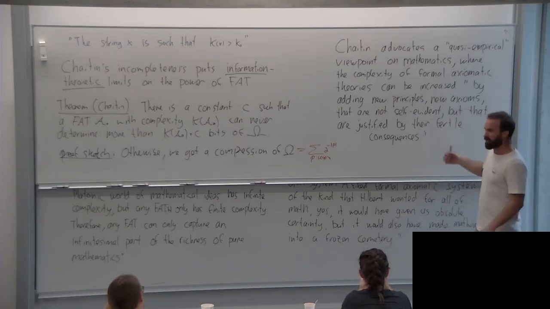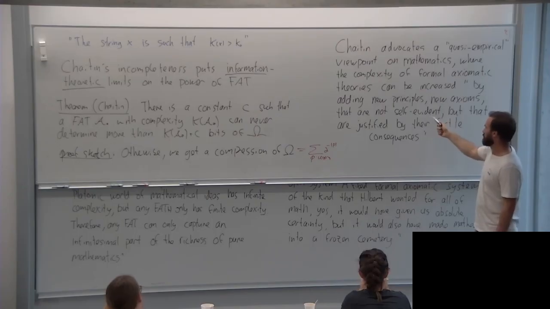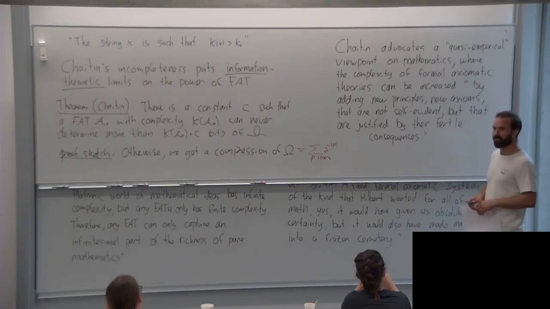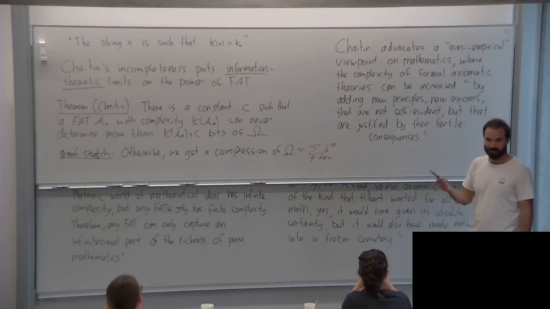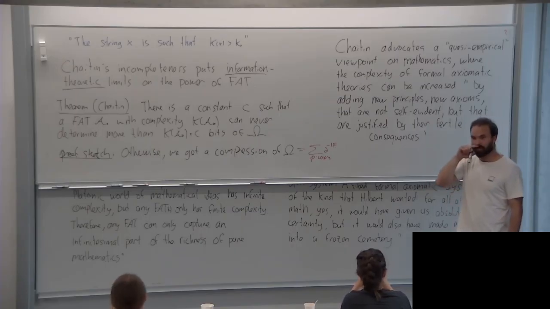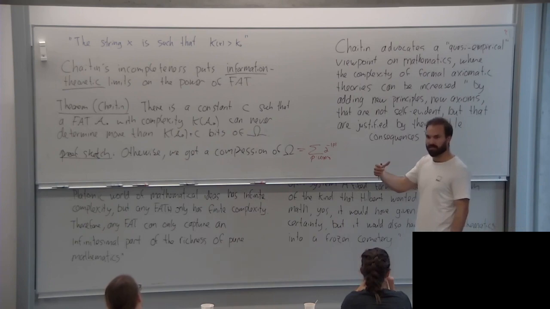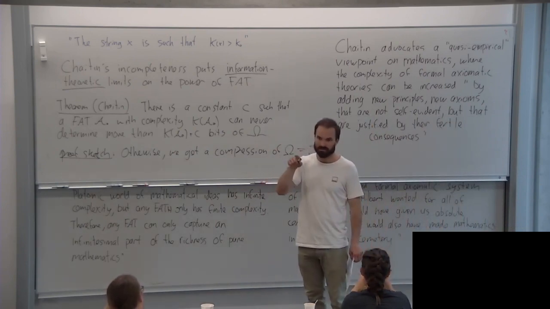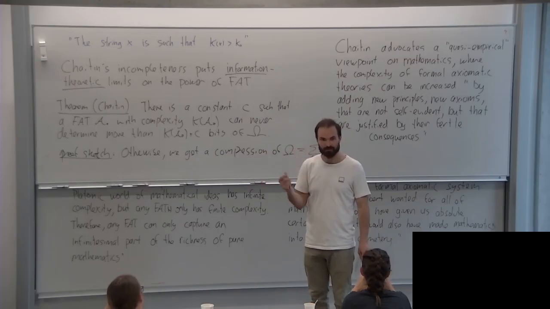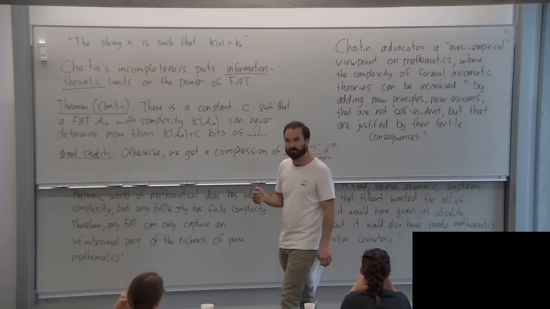And so, as we enlarge the complexity of our formal axiomatic theories, he says we're no longer going to argue based on self-evidence, but rather on, this maybe touches David's point, justification by their fertile consequences. Are we able to send rockets to the moon? Okay, Newton's laws are good enough. Now, if we want to solve the problem of Mercury's precession, the orbit of Mercury is not exactly following Kepler's laws. It's tilting every year a little bit. And we need Einstein's general relativity to solve it.